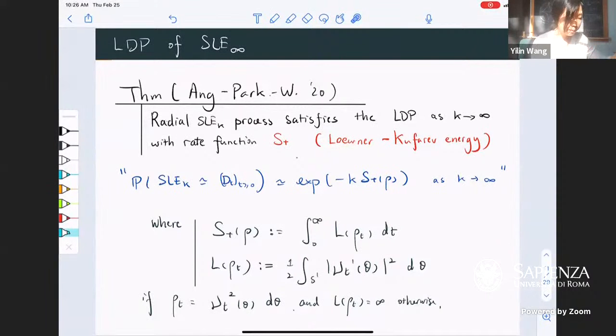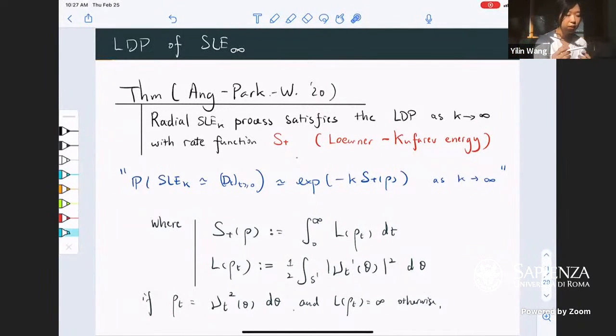Right, so this large deviation is quite different from the kappa goes to 0 large deviation. For kappa going to 0, if we do the large deviation for Brownian motion, it more or less follows from the Cameron-Martin theorem, where if you shift your Brownian motion by a function with finite Dirichlet energy, then your original measure and the image measure are absolutely continuous with respect to each other.